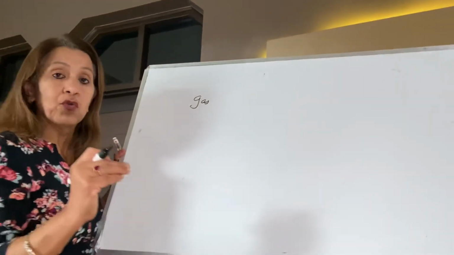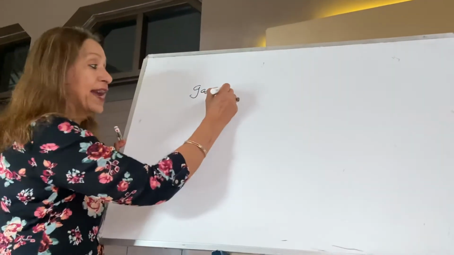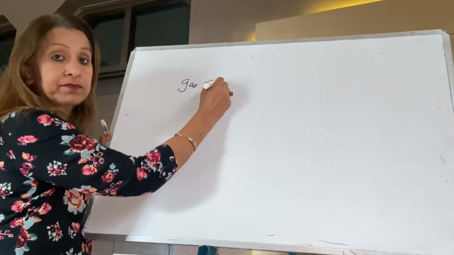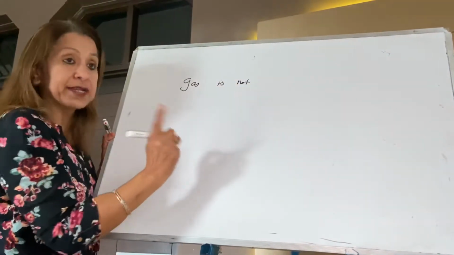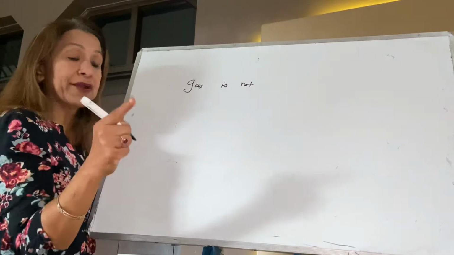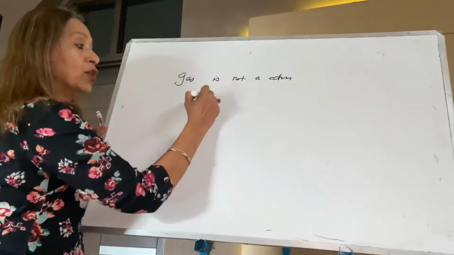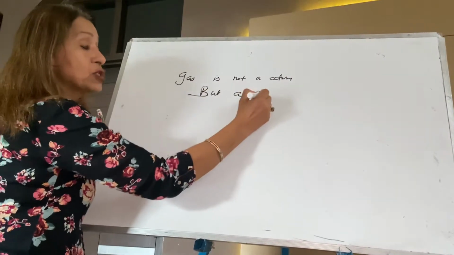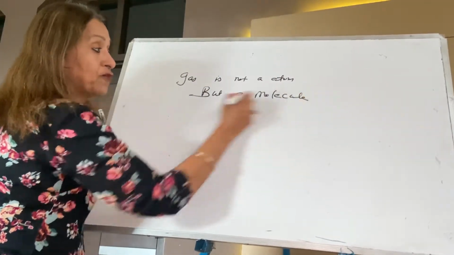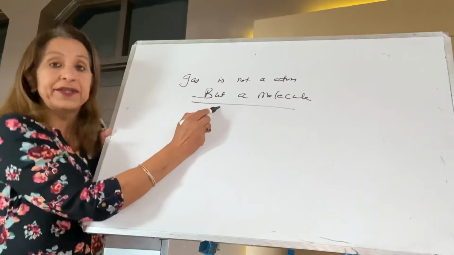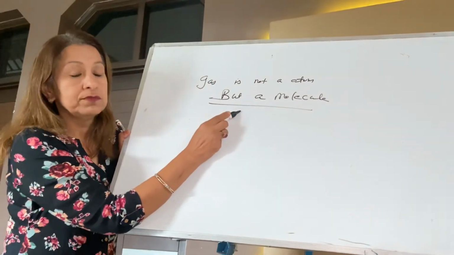According to Avogadro, the smallest particle of the gas is not an atom. The smallest particle is always an atom, but according to Avogadro, the smallest particle of the gas is not an atom but a molecule. Write this down, giving stress: the smallest particle of the gas is not an atom but a molecule.